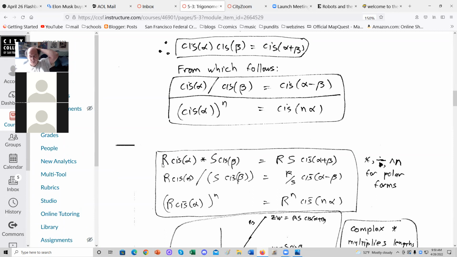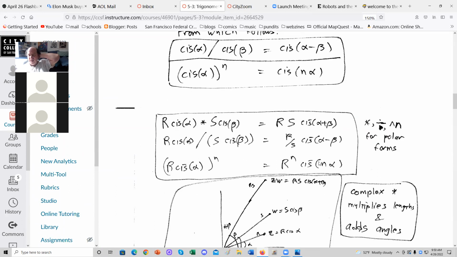Now, if you have two complex numbers written in polar form and you multiply them, R cis alpha times S cis beta, well, you have RS that multiplies, and cis alpha times cis beta is cis of the sum. So RS cis of alpha plus beta. Similarly, if you divide them, then R cis alpha over S cis beta, the radius is R over S, and cis alpha over cis beta is cis of the difference.